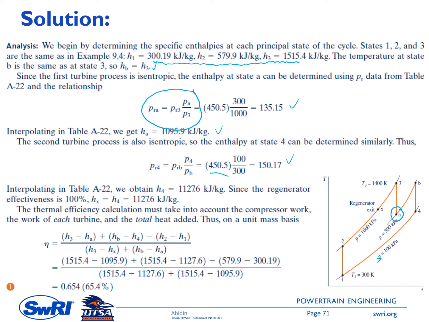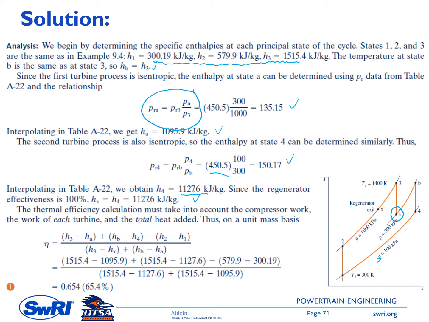So you will get Pr4 here is 150.17, and then you go back again to table A-22 to get h4 by interpolation. And then since the regenerator effectiveness is 100%, it means that Tx equals T4, so it also means that hx equals h4.